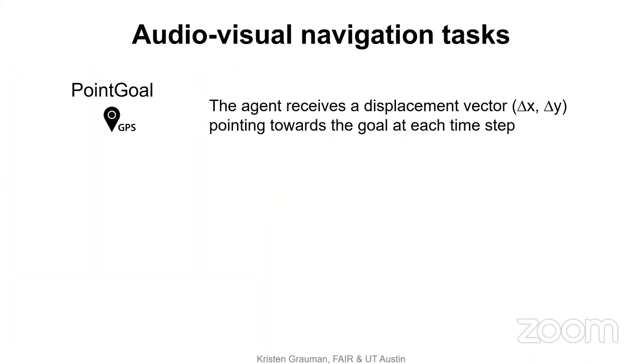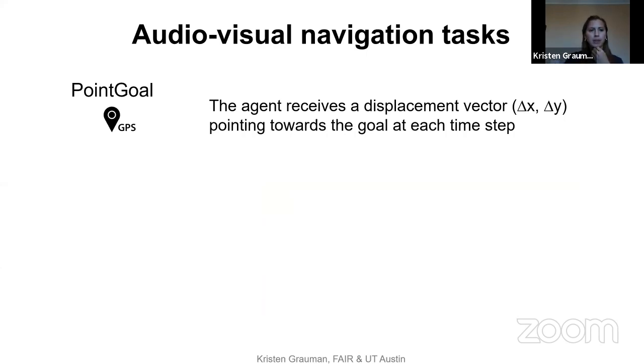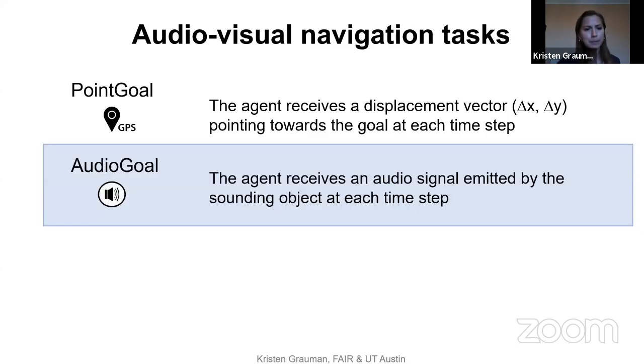So I can contrast the task that we're introducing here with a more traditional task recently called point goal. In point goal, the agent is told from the onset that the goal is at a certain displacement with respect to it, and it needs to navigate to that position. This is still non-trivial because the agent doesn't have a clear direct path to it. It still needs to see the environment and figure out where it can navigate in order to get to that final destination.